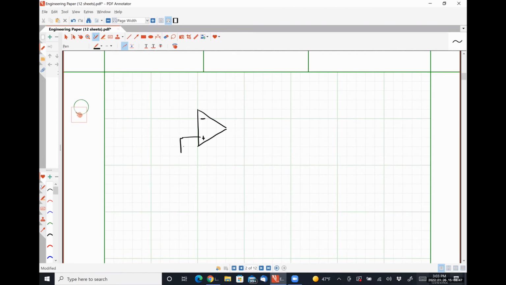So let's put a 2-volt source here. Let's put a 4 kilo ohm resistor here. And then I am going to cheat a little bit.